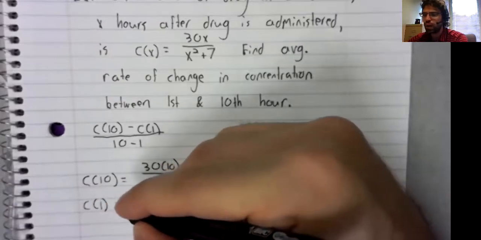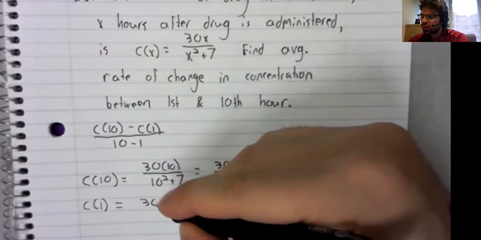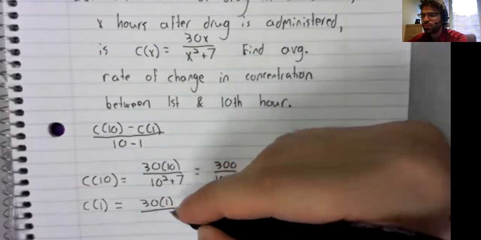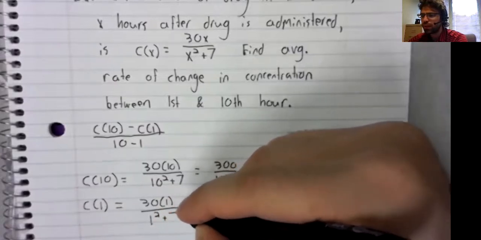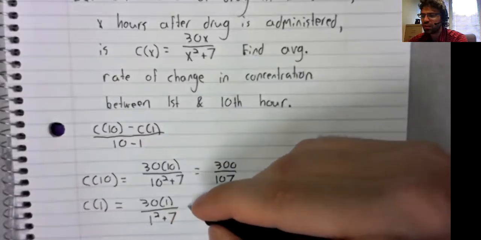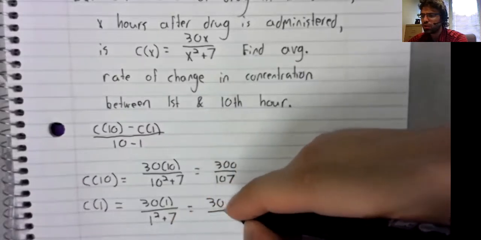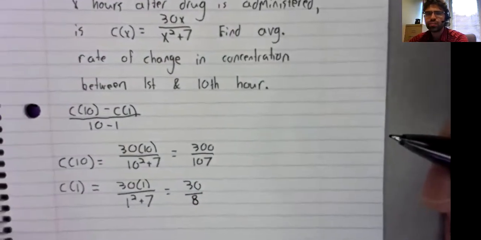C of 1 is 30 times 1 divided by 1 squared plus 7, or 30 over 8.